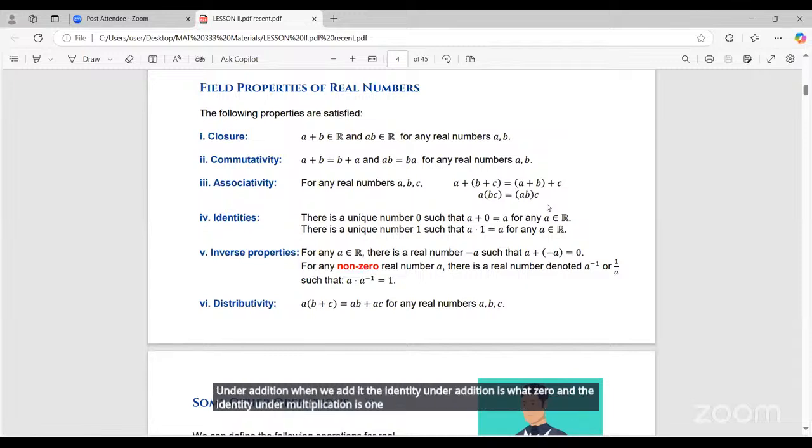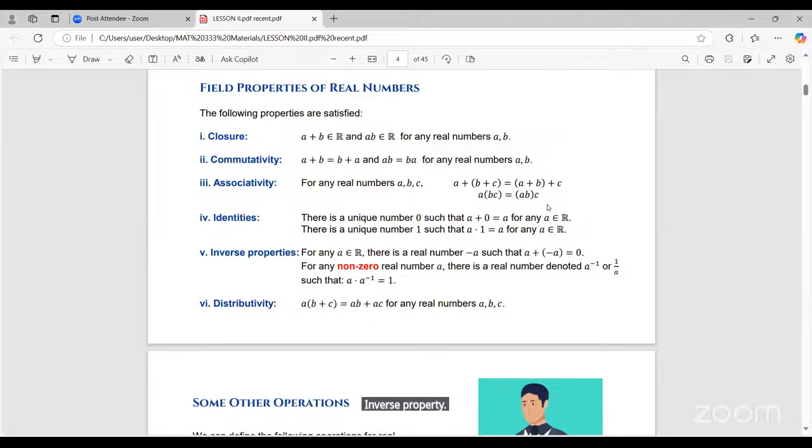Okay? It moves towards the inverse property. The inverse property says for all A in R, there's a real number minus A also in R, such that when you add minus A and A, you will get your identity.